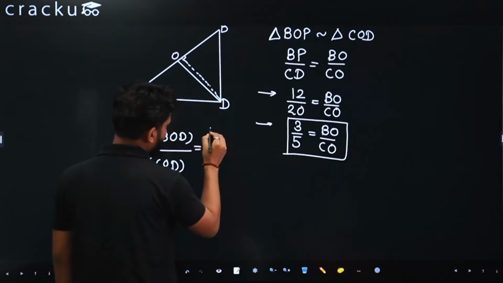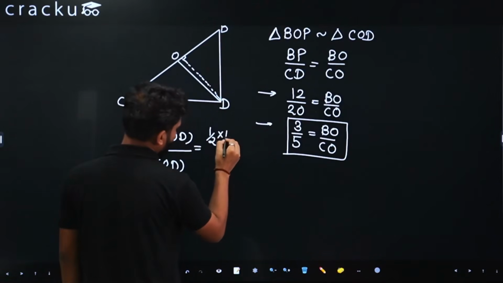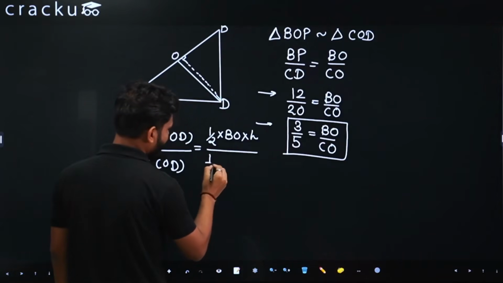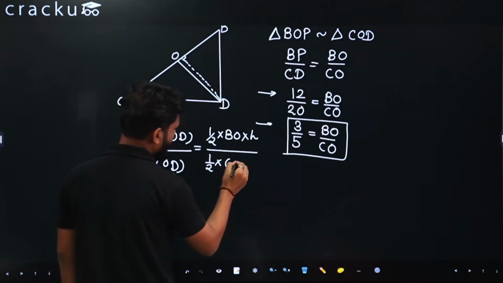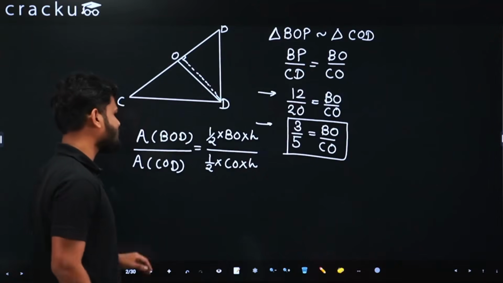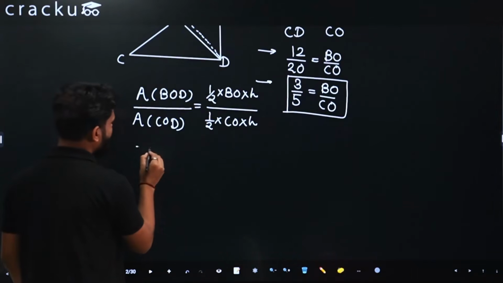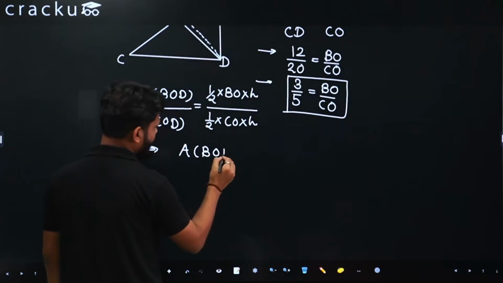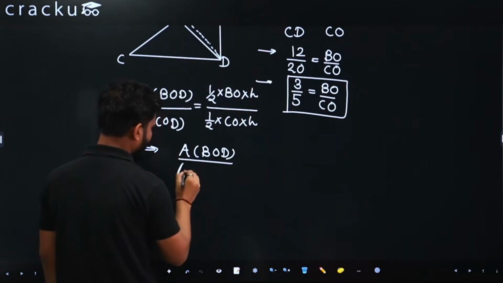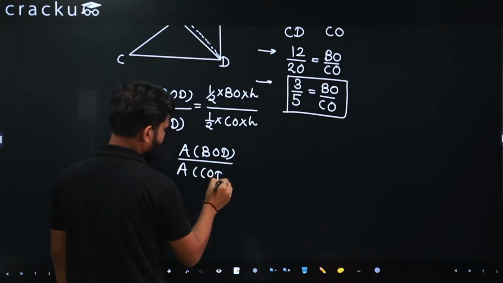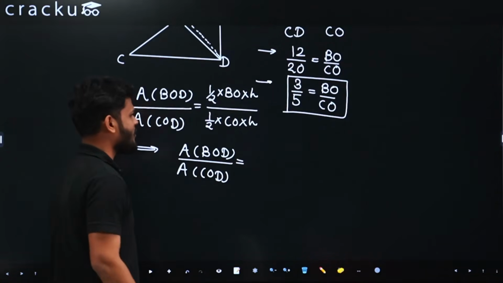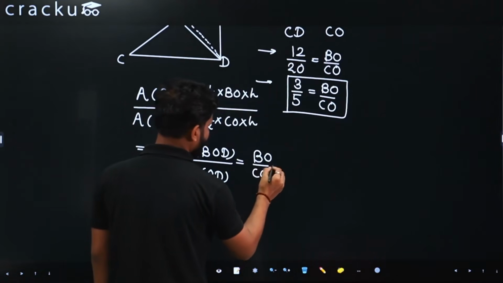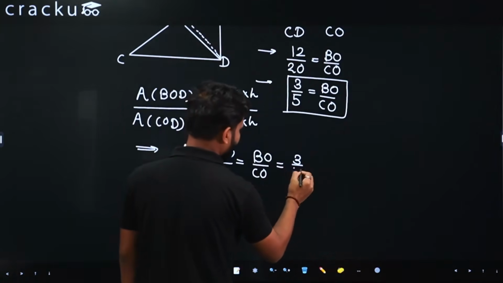Area of triangle BOD will be 1 by 2 into BO into height, divided by 1 by 2 into CO into height, which is same, h. From here I can say area of BOD upon area of COD is BO upon CO, which is nothing but 3 by 5.